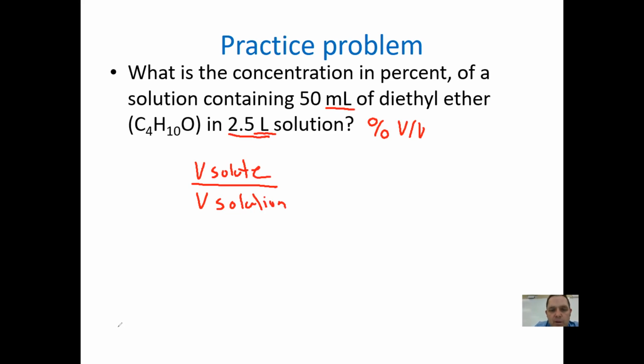And again, we want these in milliliters. So the first one is already in milliliters. That's 50 milliliters of the diethyl ether divided by the total solution. And you don't have to show this anymore. Hopefully, we know that moving the decimal place is 3, in this case to the right, times 100.